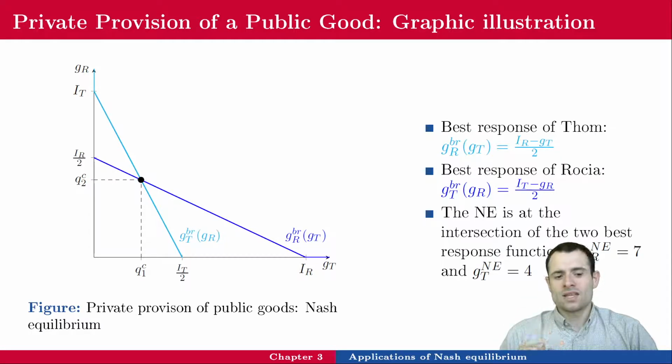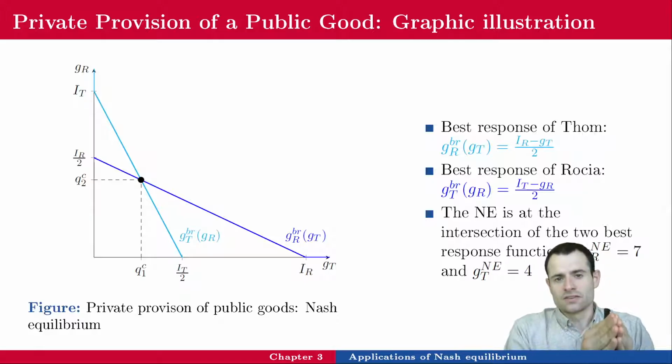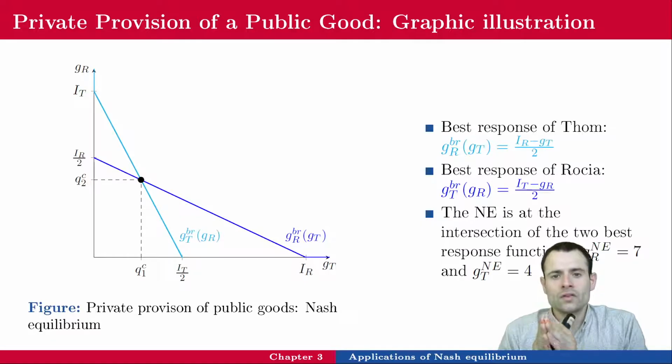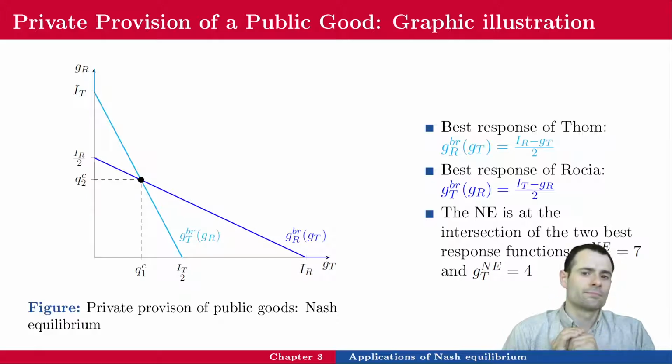The point of the class here is to show that the Nash equilibrium, coming from individual optimization problems, is not efficient. It is not efficient because players do not take into account the effect of their decision on the other player.